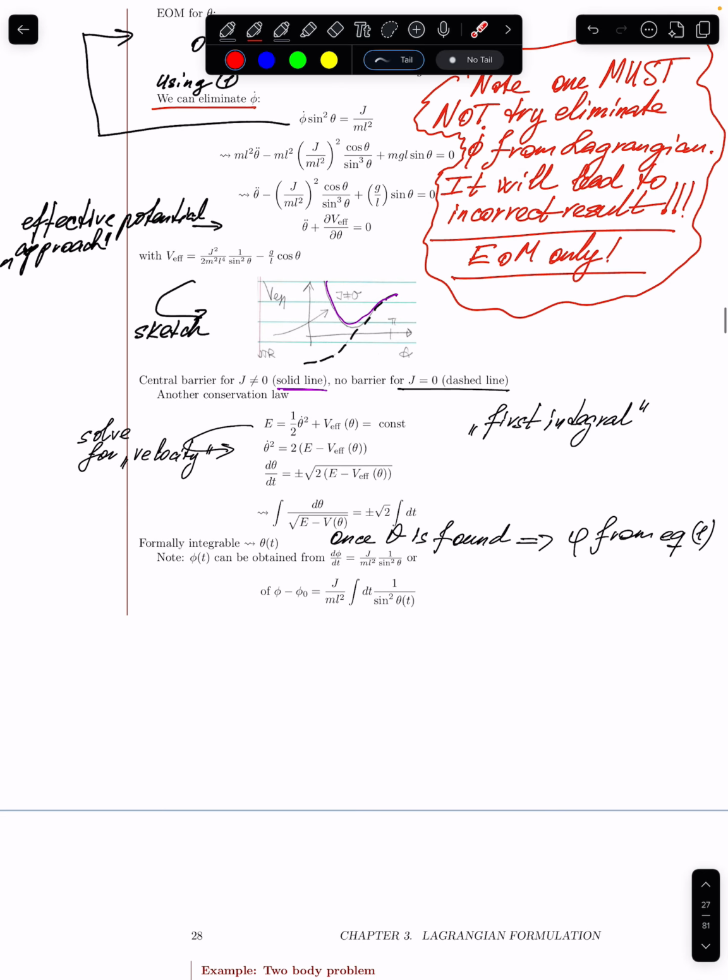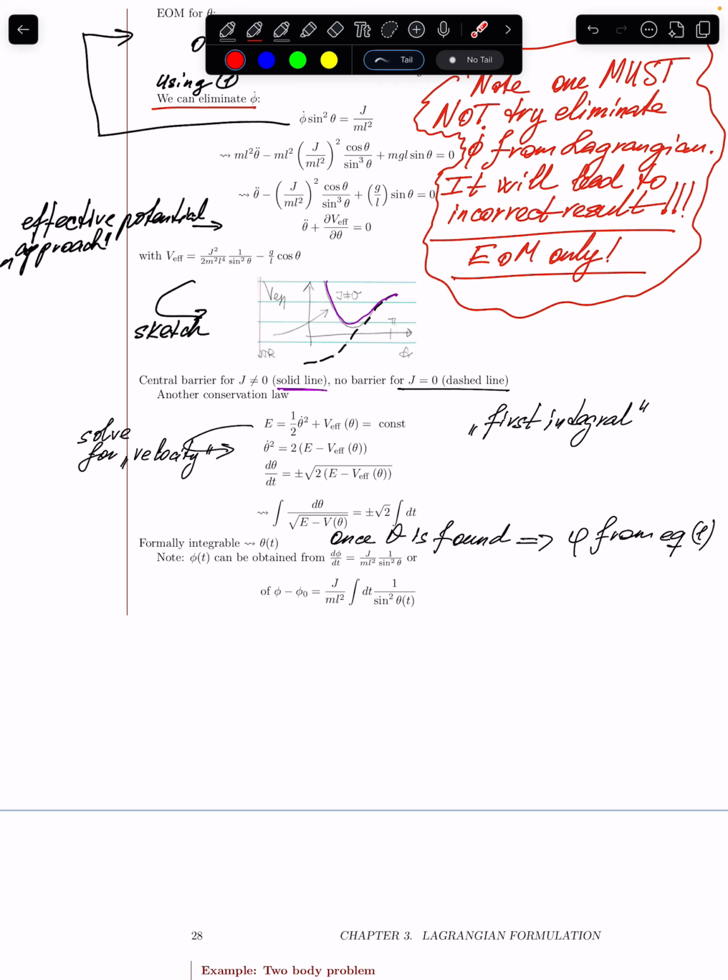So next, we can formally integrate this equation. We already have full separation of the variables. We will have the variables which depend on theta only on the left-hand side, and we will form this integral afterwards, and everything which depends on time will go to the right-hand side. In this case, the time dependence is really trivial, just linear time dependence.